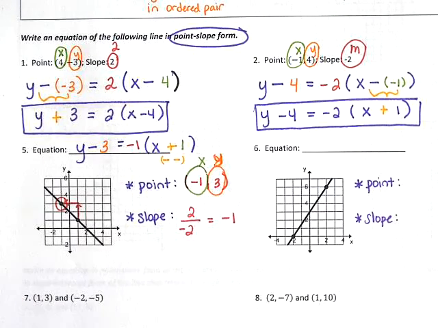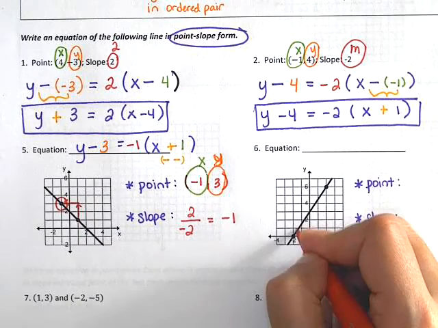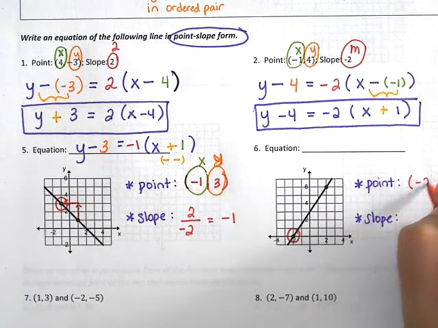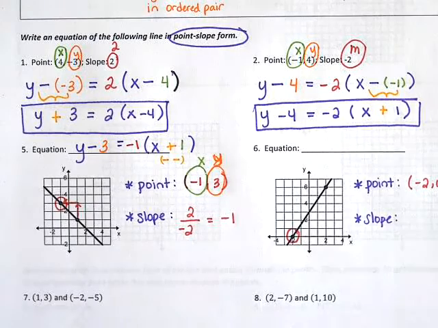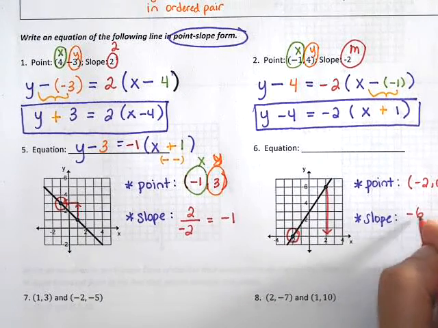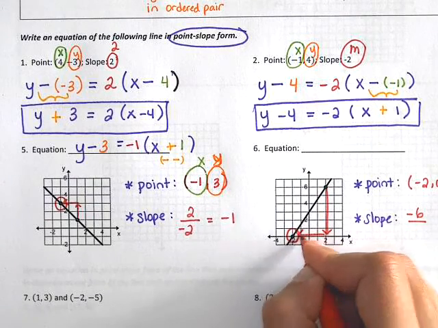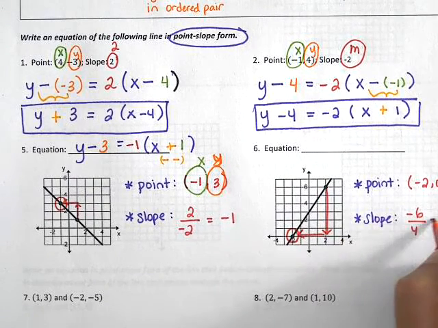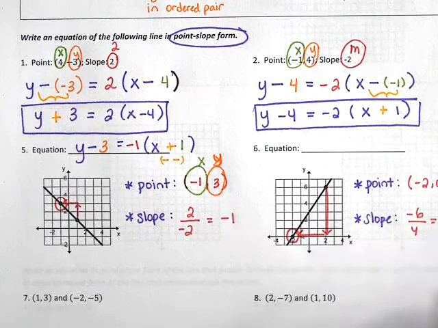I'm going to use the ordered pair that's farthest to the left, which would be this one. So I would have negative 2, 0 as my ordered pair, and my slope would be down 6, left 1, 2, 3, 4, which reduces to negative 3/2.